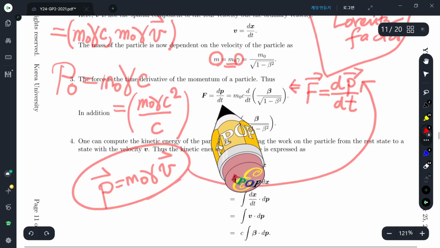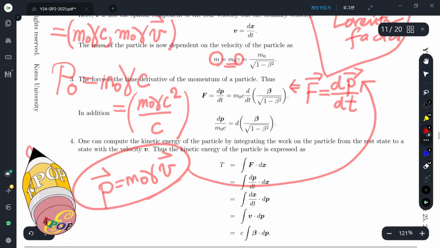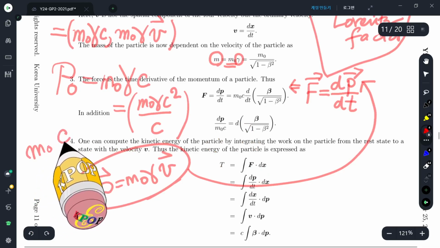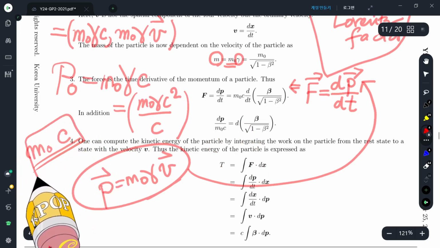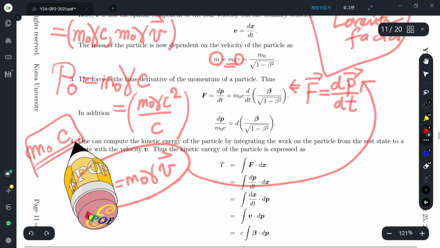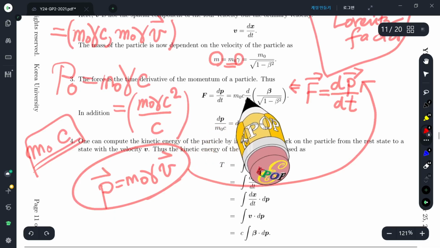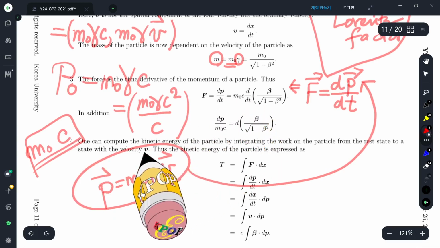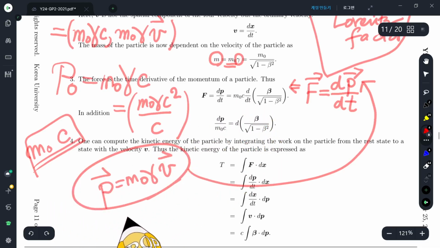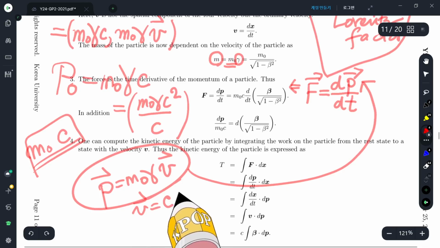Momentum, time derivative. As we know, both m0 and the speed of light are Lorentz invariant factors, and we pull these factors out. Then what I get is this velocity rescaled in units of the speed of light, v over c, that is the c beta vector.